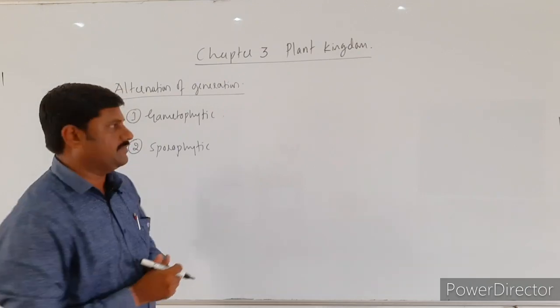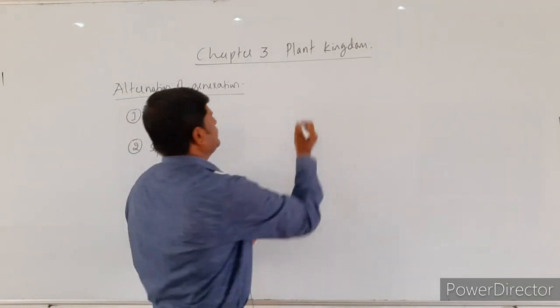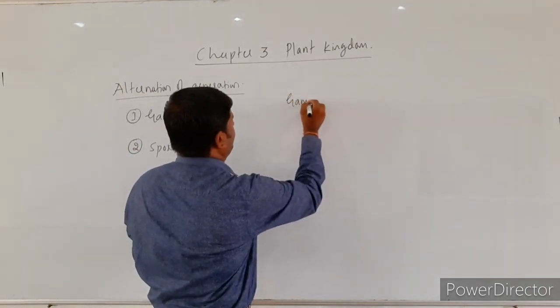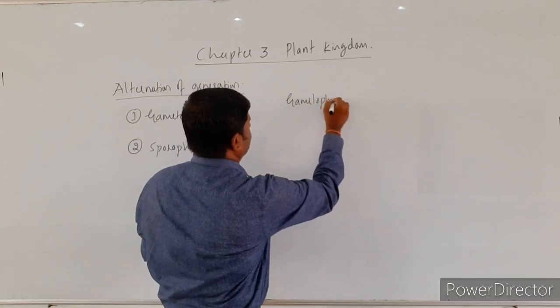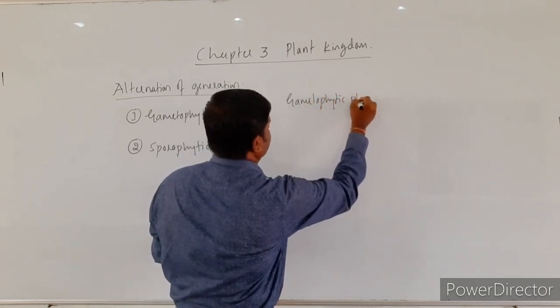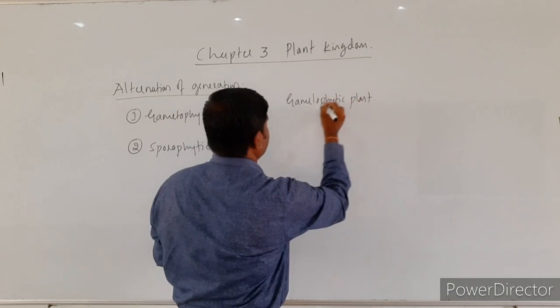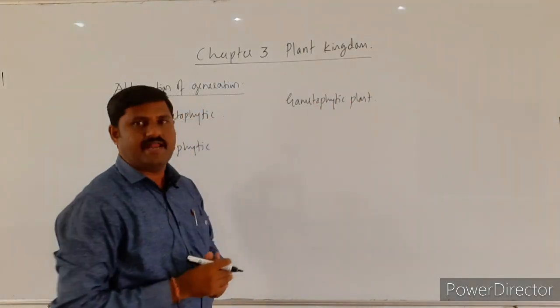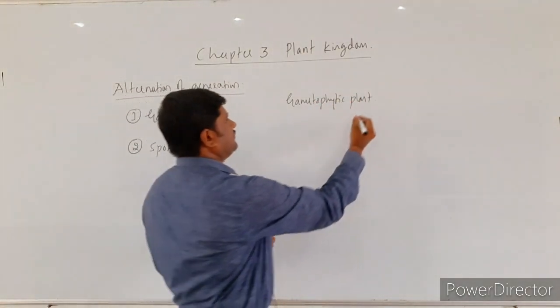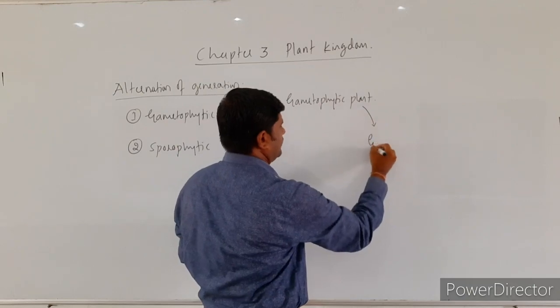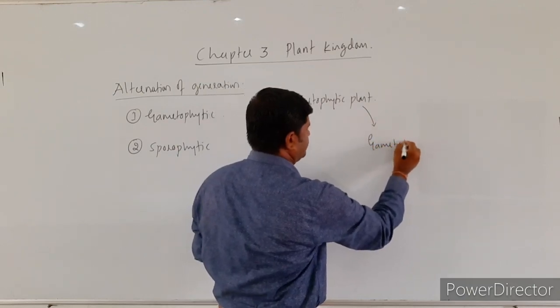So how does it take place? Let us see here. First of all, the gametophytic plant is there, and this plant produces what? Gametes.